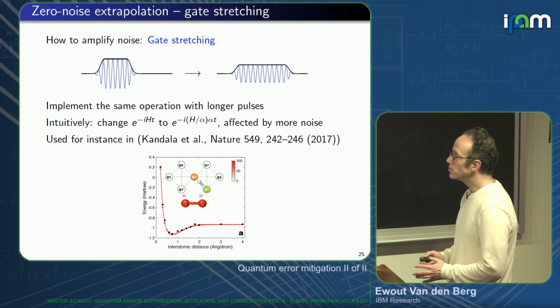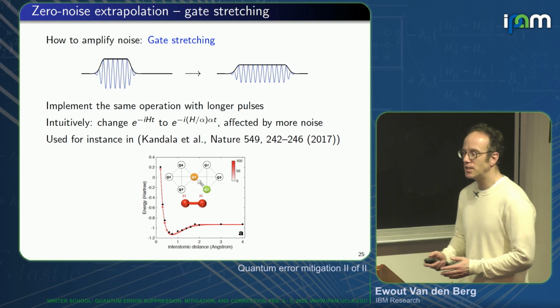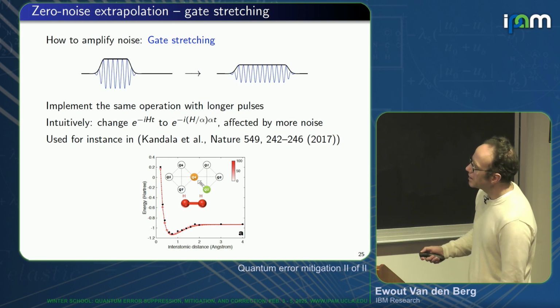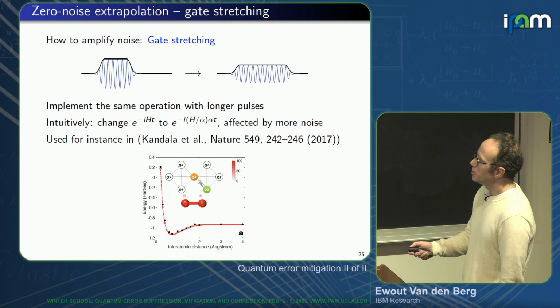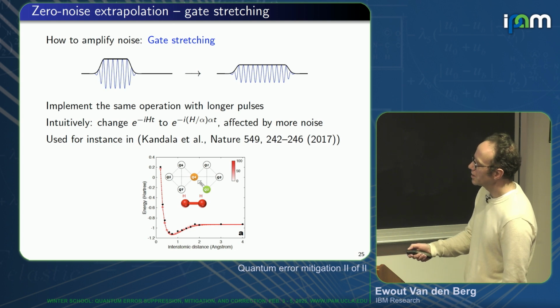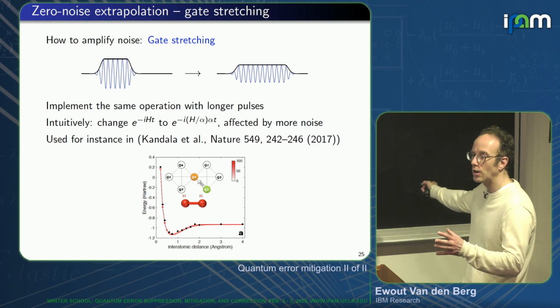So how do you amplify the noise? How do you make it worse? One original idea, done in this paper here, is gate stretching. Let's say you scale the Hamiltonian by some factor alpha, but you make it alpha times longer.